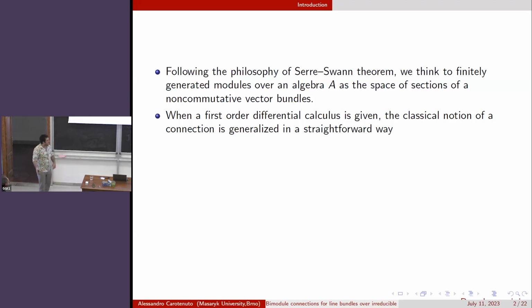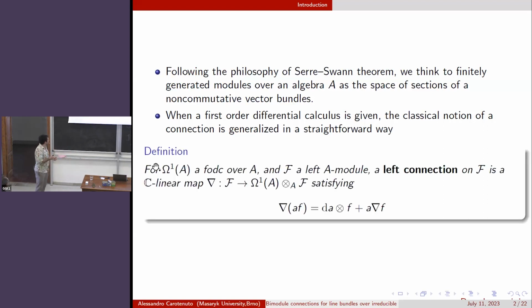And of course, if A is commutative, Serre-Swan theorem tells us that this is in fact the case. So when a first order differential calculus is given, Raymond has already defined a first order differential calculus, so I won't bother. The notion of a connection is generalized in a pretty much straightforward way.